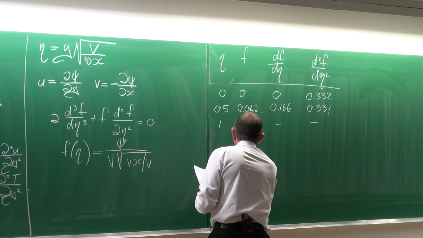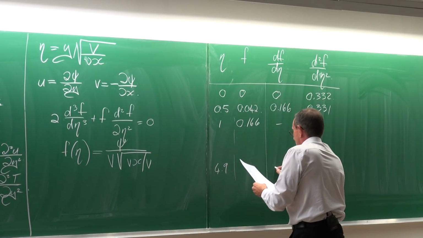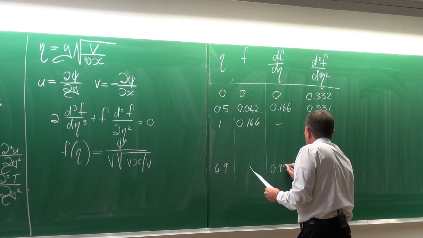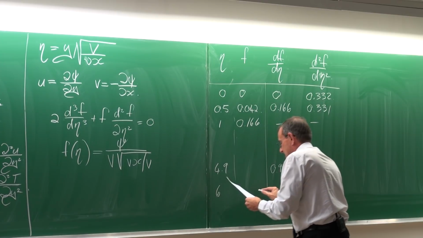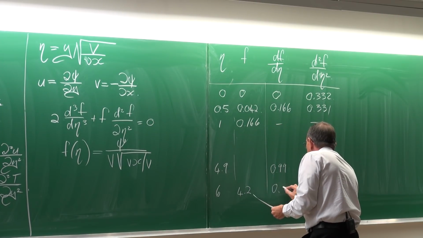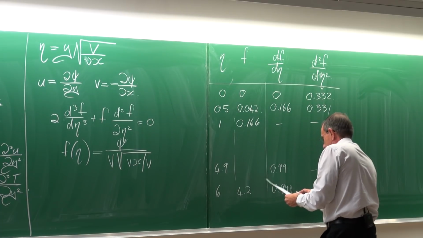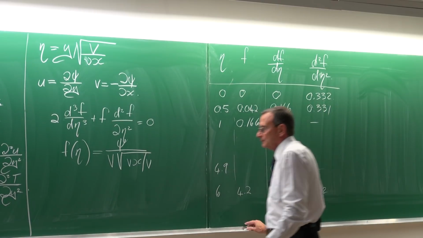And then there's a value of 4.9, where this is equal to 0.99. There's another value there. And if it is 6, then typically this value is 4.2, and that one was 0.999 and 0.002. Okay.